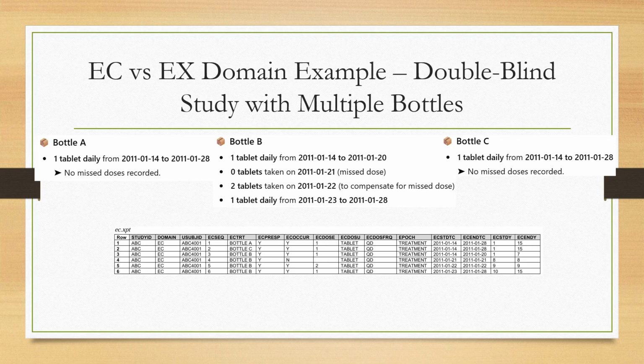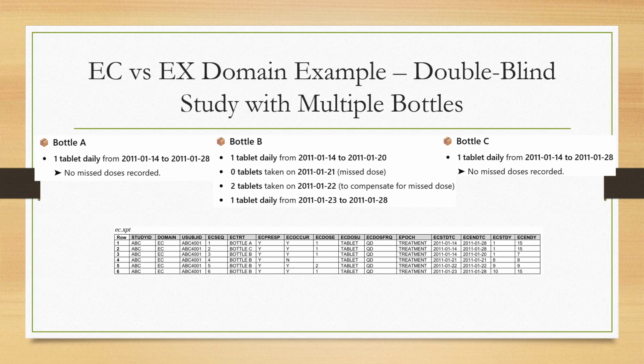Now comes the case of bottle B. In this case, we will create four records for bottle B. Why? Because one record will be where the subject took one tablet daily from 14th of January to 20th of January.